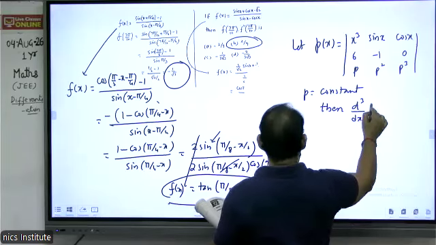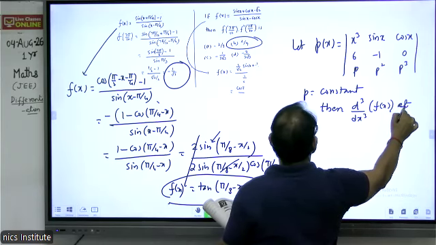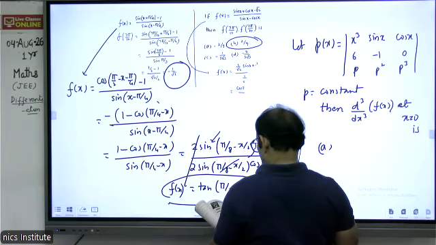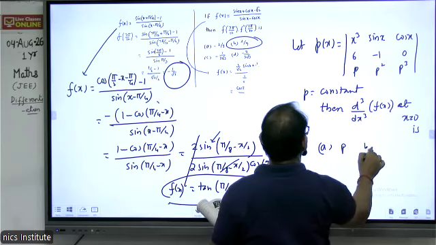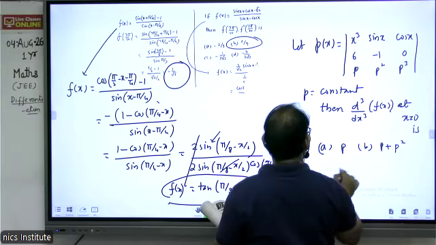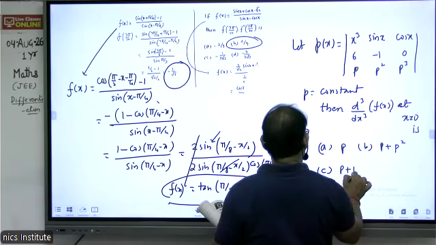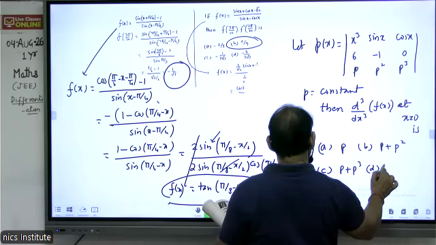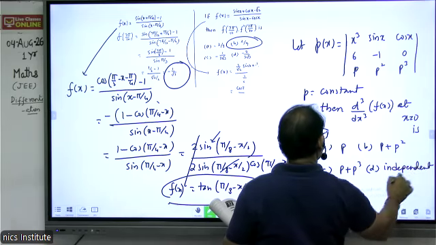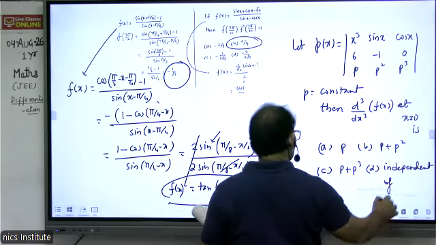This is the third derivative of the function. सर वो d cube. Hmm. Third derivative. सर ऊपर fx है.